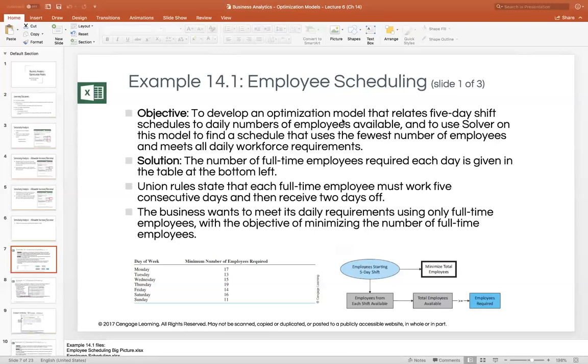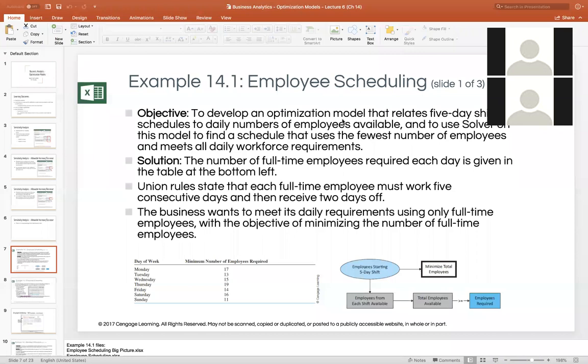Okay, so this problem is about developing an employee schedule for 7 days of the week. There is one constraint: if someone starts working on a day, they will continue working for the full 5 days. So if someone starts working on Monday, they need to work Monday, Tuesday, Wednesday, Thursday, Friday.